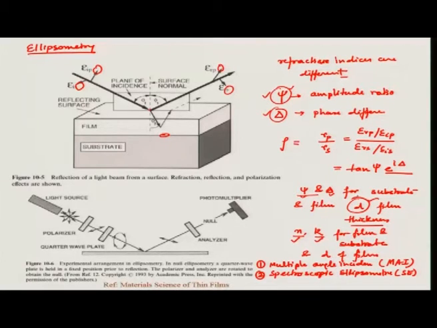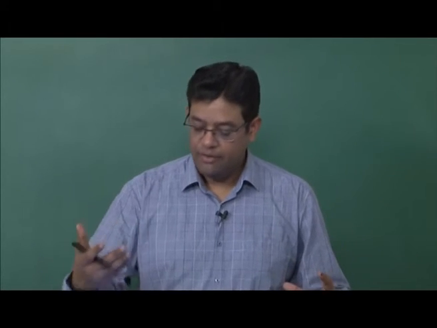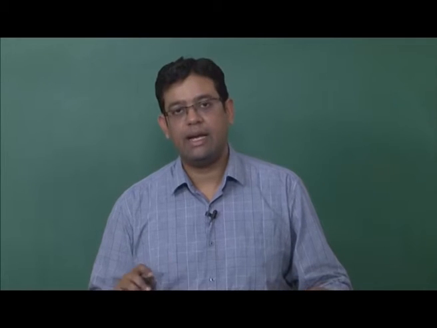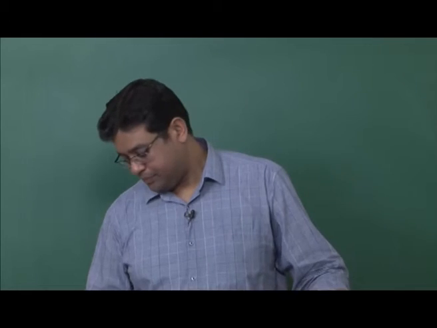In this method, you only need to know the substrate values n and k. For the film, by modeling, you can also know the optical constants. So, this is a method of not only measuring the film thickness, but optical constants also of the thin film simultaneously, by measuring psi and delta and using computer models to fit the data which describe the film thickness and n and k values. So, this is about optical methods.